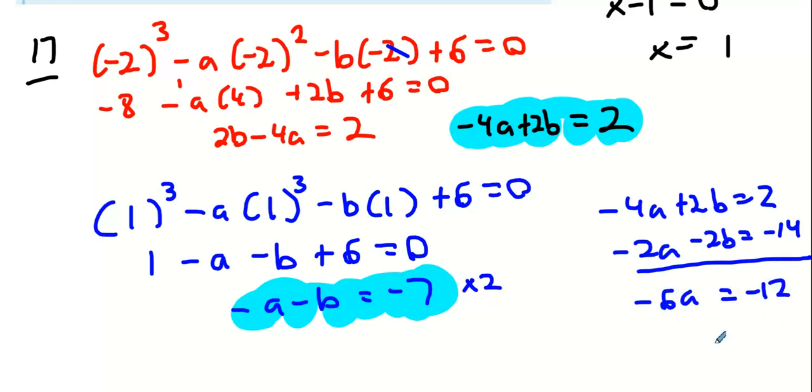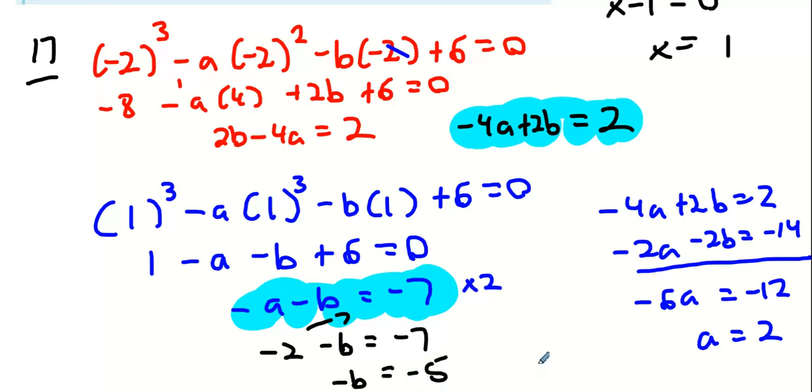Minus 12. So a equals 2. And a equals 2. Then 2 minus b has to equal minus 5, so b equals 5. There you go. Good.